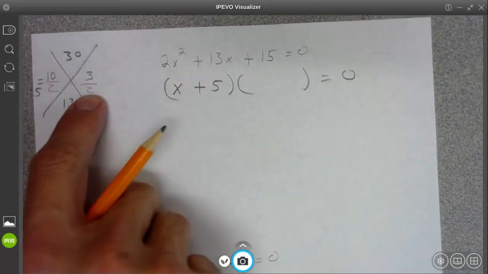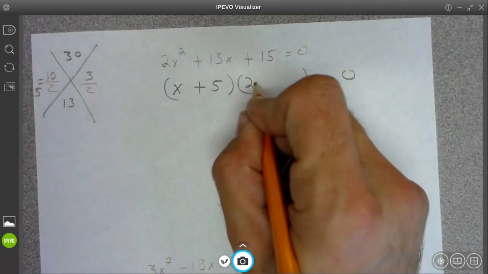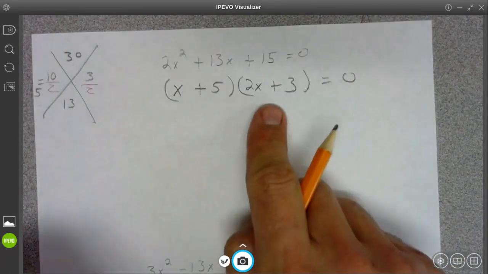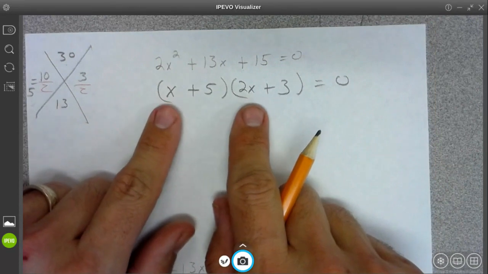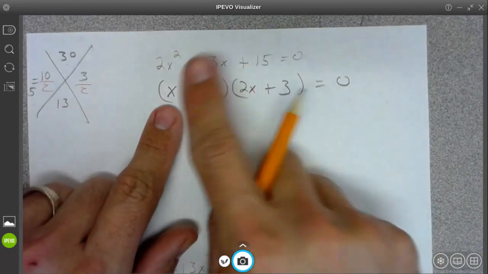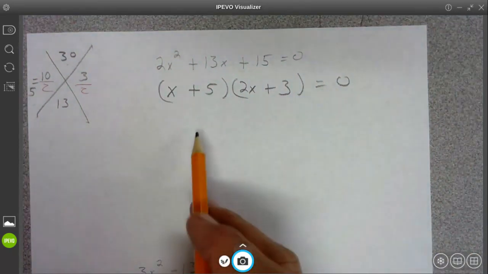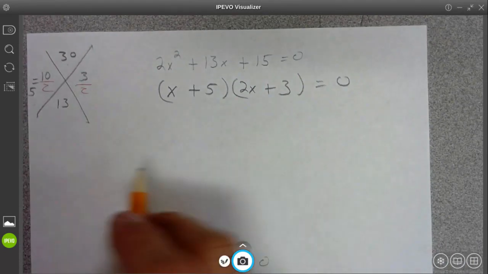And then remember on this, we're going to take the 2 and kind of shove it up front. So it's going to be a 2x plus 3. Remember, you could multiply this out just to make sure it works, but this is it. Same signs. They're both positive. Works out. To solve the equation now, you'll just set these factors equal to 0 and solve.